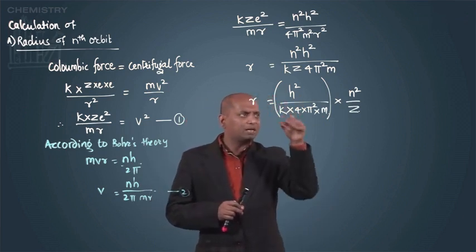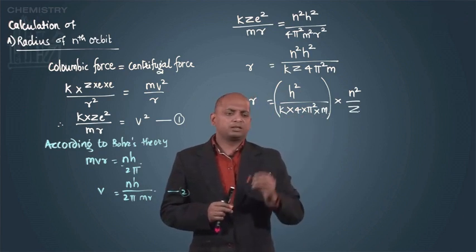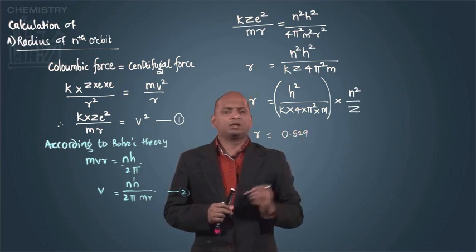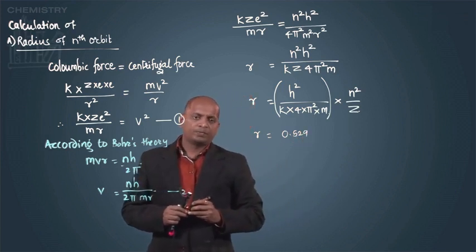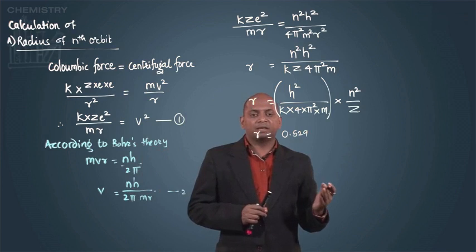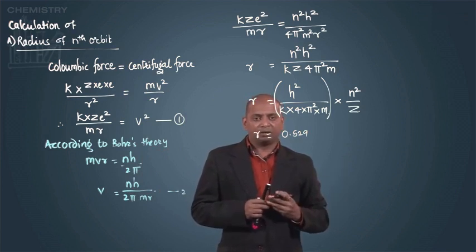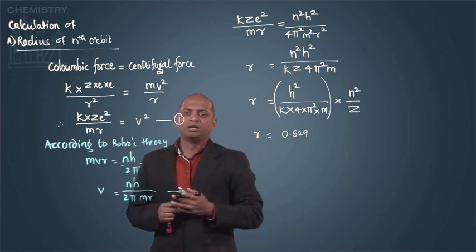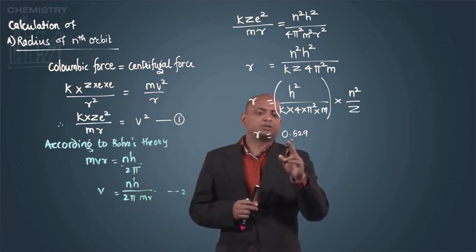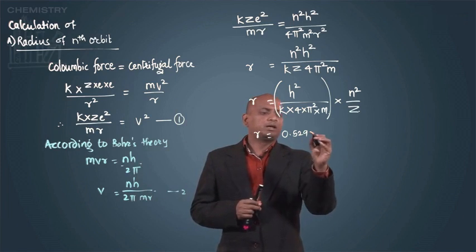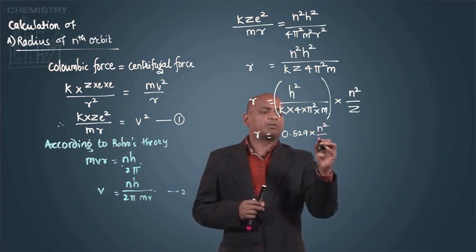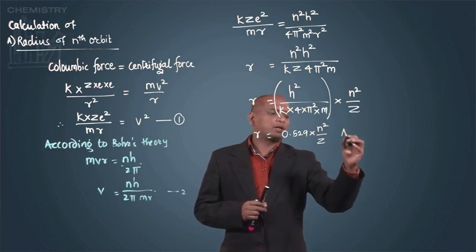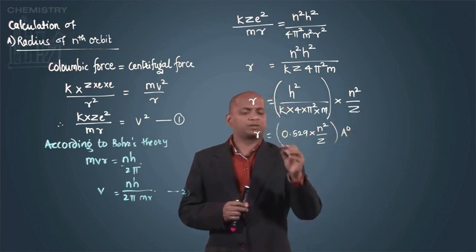If we calculate that value, you will get the answer r is equal to 0.529 or 0.53 into 10 raised to minus 10 meter. So that becomes angstrom; 1 angstrom is equal to 10 raised to minus 10 meter. So r is 0.529 into n square upon z. The unit for this is angstrom.